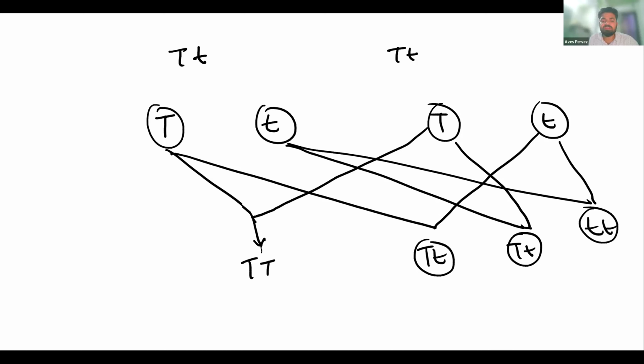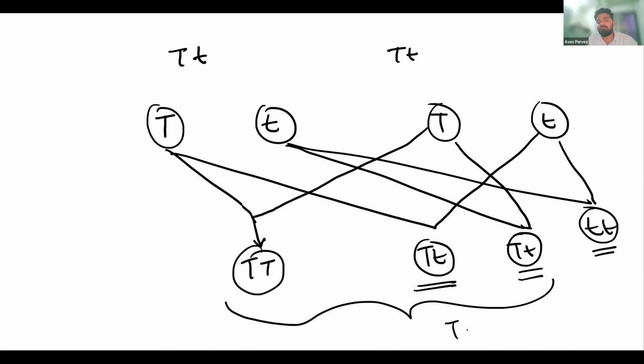So out of four, this will give you tall, this will also give you tall, and this will also give you tall, but this will give you dwarf. These three were tall because the gene of tallness is dominant over the dwarfness, and this one will give you dwarfness.